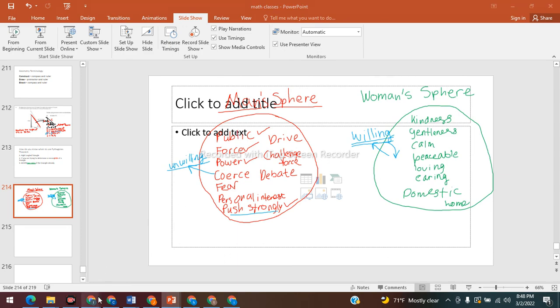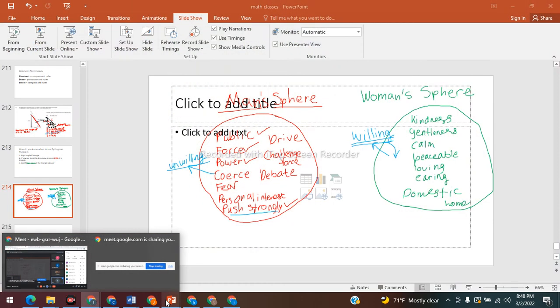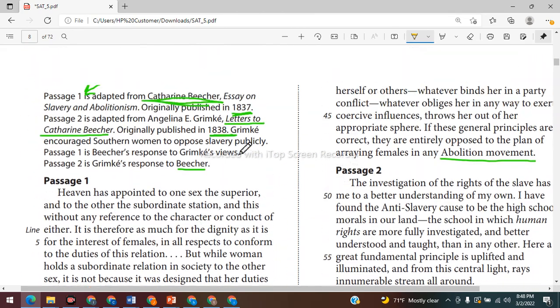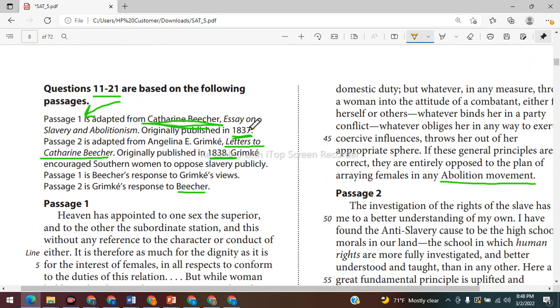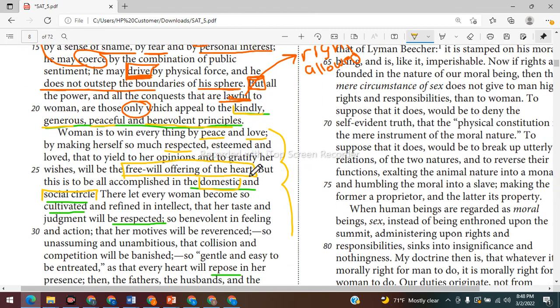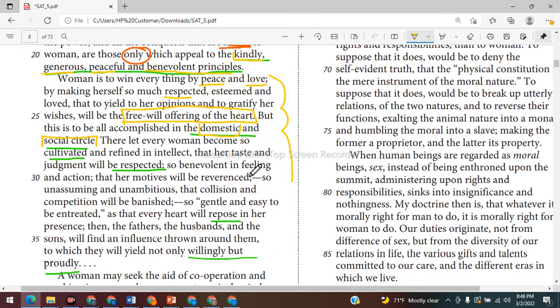But she's saying that the woman's sphere is in the social circle. The woman's sphere is in the domestic circle. It's interesting because notice when this is written in the 1830s. That's how women view themselves in the 1830s. I expected that. Right? In the 1830s, that's how they view themselves, right?